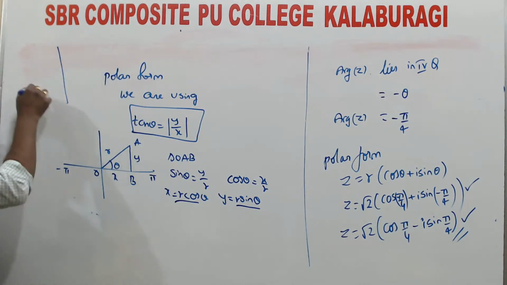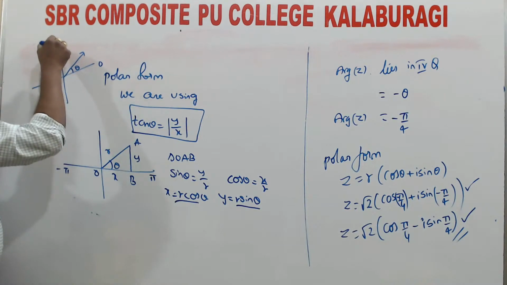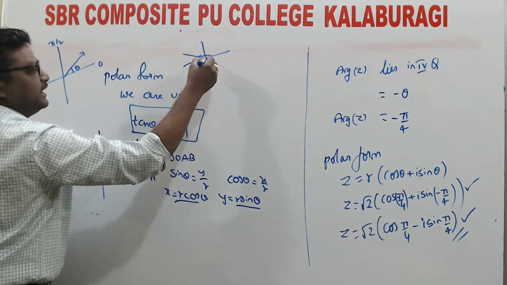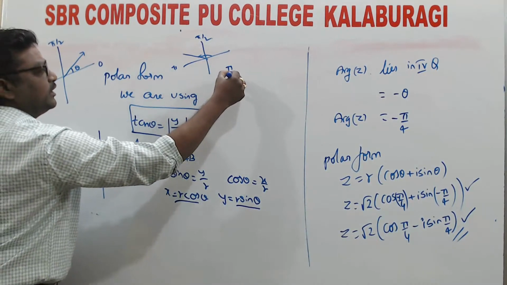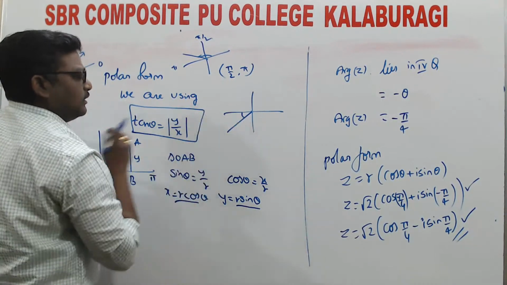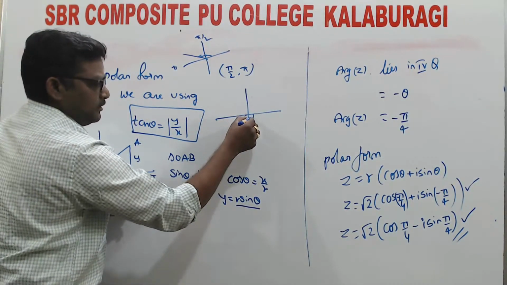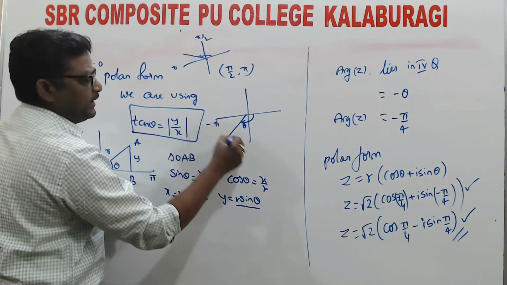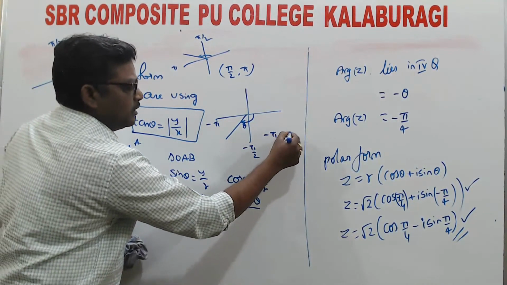If you move here, theta is 0. Here it is pi by 2, so 0 to pi by 2. In the second quadrant, it moves from pi by 2 to pi. In the third quadrant, if you take this theta, here minus pi, here minus pi by 2, therefore minus pi to minus pi by 2.